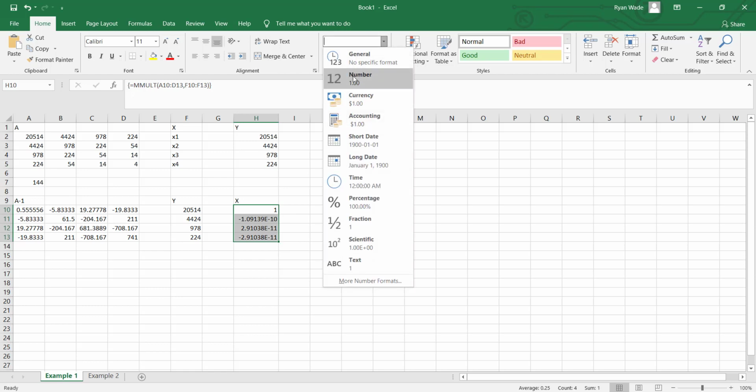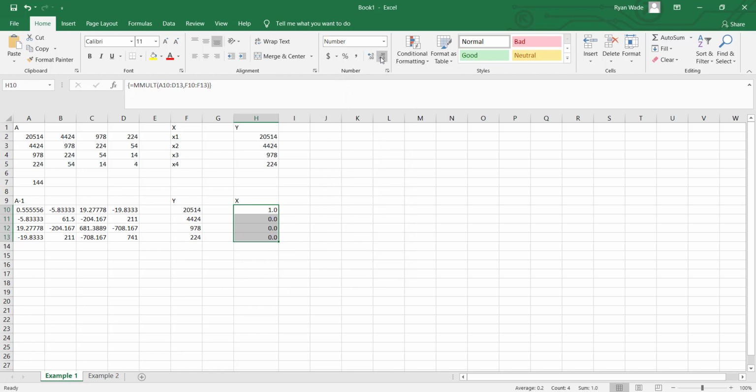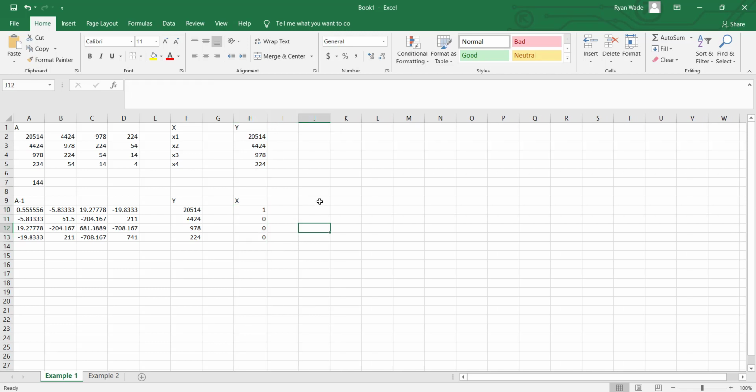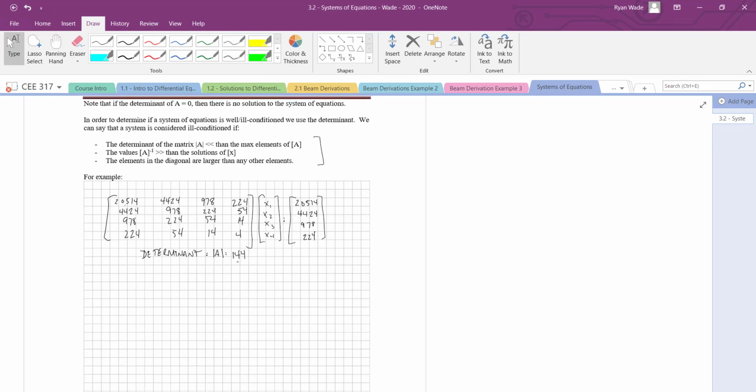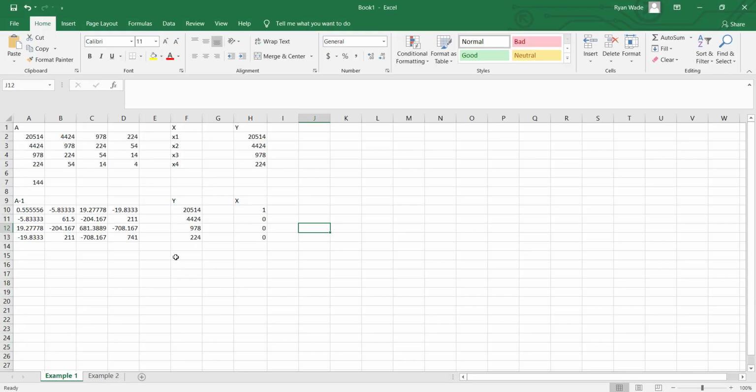Now, if I change those to number, and I get rid of a whole bunch of decimal points, basically the answer to the matrix is 1, 0, 0, 0. So what I've just done here is I've solved. We go back to the notes and we say that the values of the inverse are much, much greater than the solutions of X. We can go back and look at it and say that we got 681 there, and a negative 708.